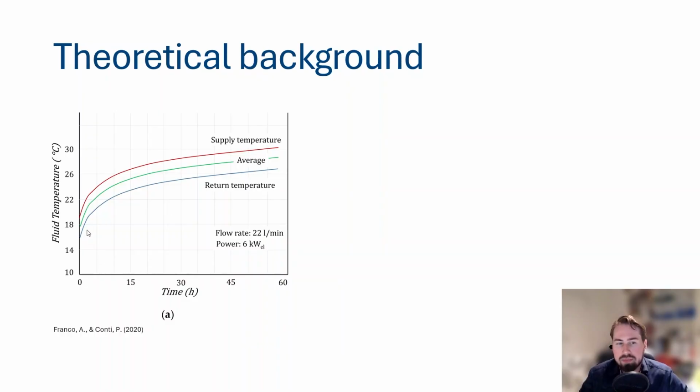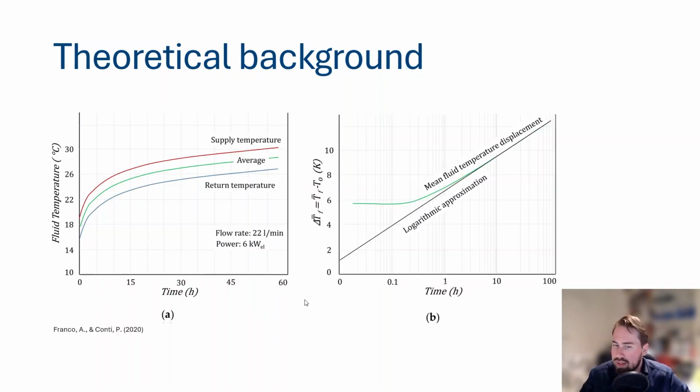Now, what we can do, instead of plotting it in this way, is change the axis from a linear timescale with every step 15 hours to a logarithmic timescale. So instead of having the same steps, at every step we have a value that is 10 times bigger than the last. And our green line here, which was logarithmic, now starts off constant and then increases and goes linearly further away.